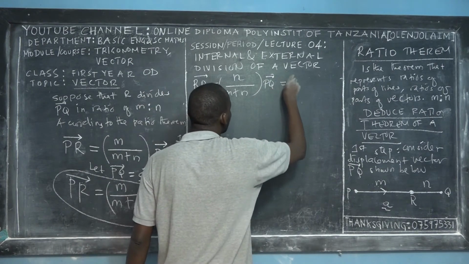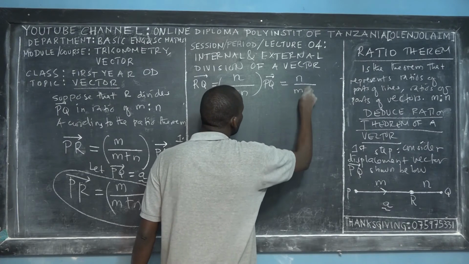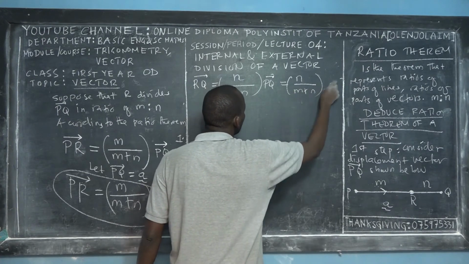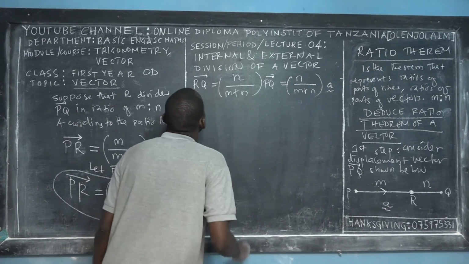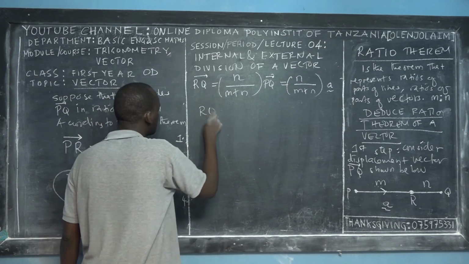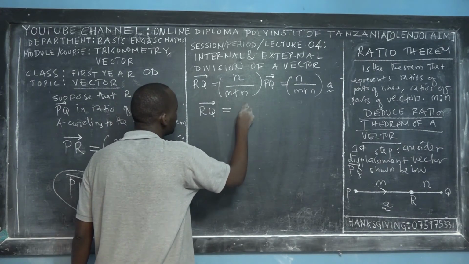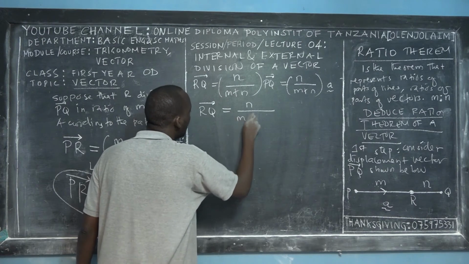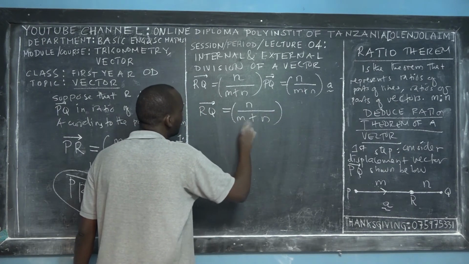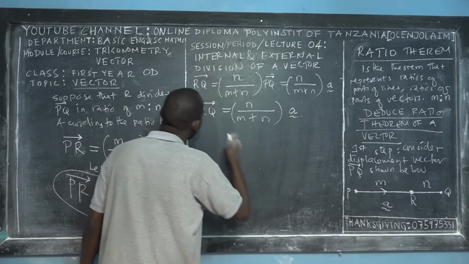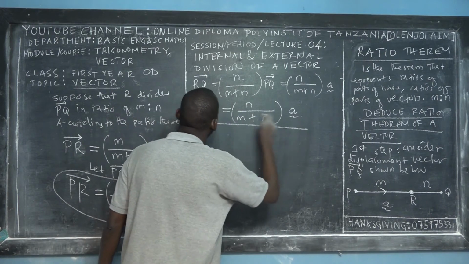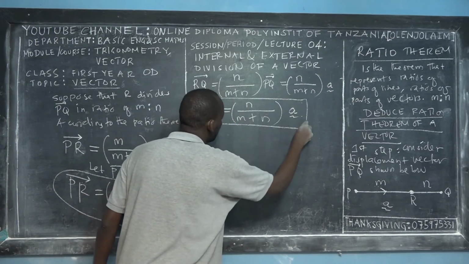But we let vector PQ be equal to vector A. So we say that RQ is equal to N over M plus N, multiplied by vector A. This is a very important ratio formula.